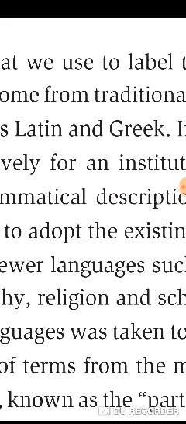So we see that when we want to talk about grammar, we actually talk about these two languages, and it is under the influence of Latin and Greek grammar. Now let us see what they did.